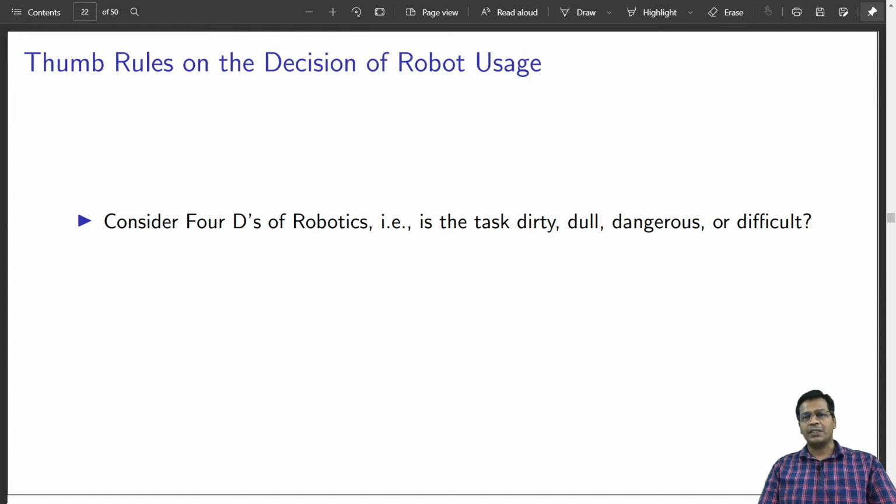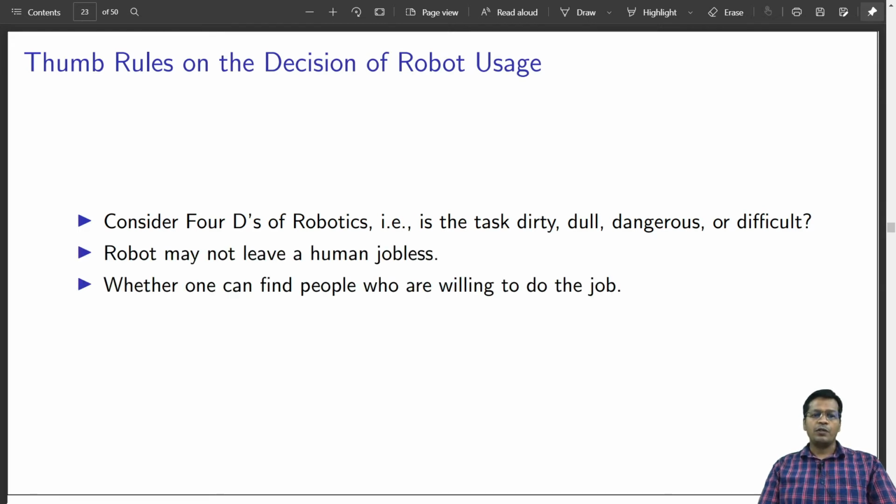It may be dangerous, like a nuclear plant or a hot factory. That could be a probable place where we should look at using a robot. Or if a task is really difficult, like picking up a heavy load, you can think of using a robot. So these are the 4 Ds where we should think a robot should be applied.